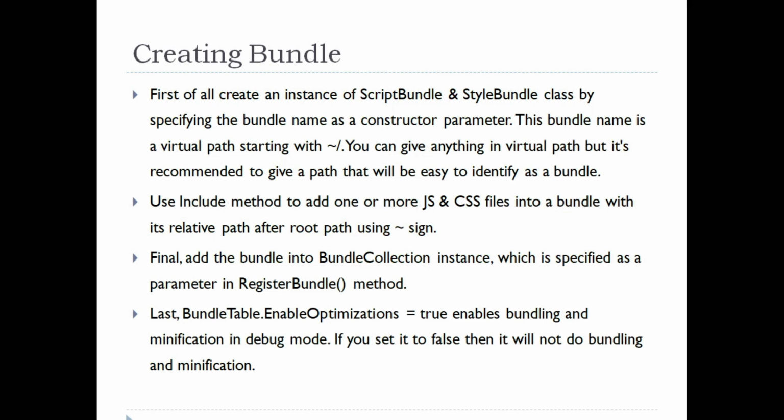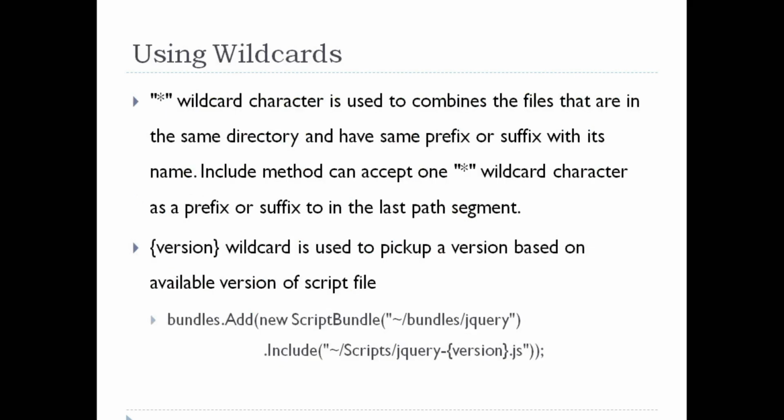Okay, now while including your JS file or CSS file, you can use a wildcard character. So the star wildcard character or asterisk wildcard character is used to combine the files that are in the same directory and have the same prefix or suffix with their name. Means suppose you want to include all the JavaScript files in the script folder, so what you will say, *.js.